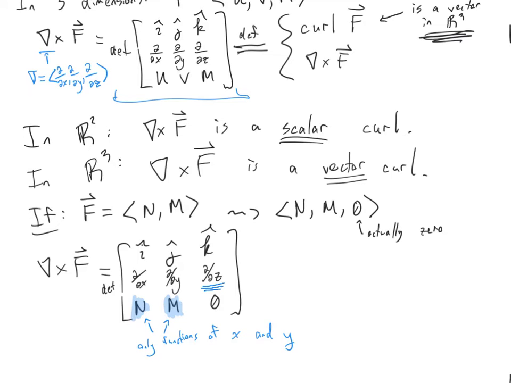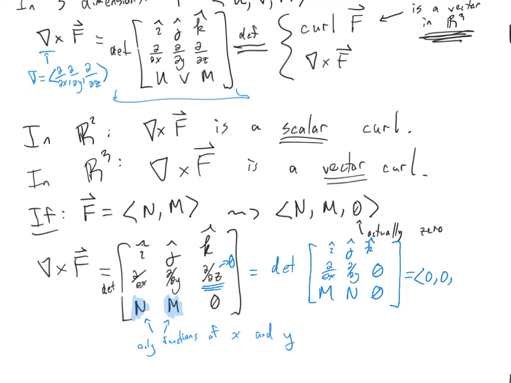That means taking the derivative with respect to z is identically 0. Actually 0. Because when you apply d/dz to n or d/dz to m, you get the 0 function because they're both constants with respect to z. That means this whole determinant becomes the determinant of i, j, k, d/dx, d/dy, 0, 0, n, and m.